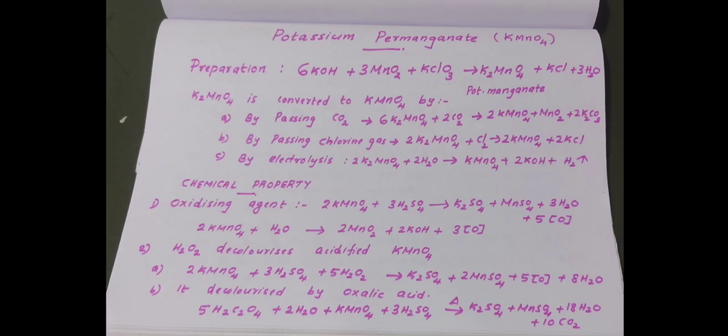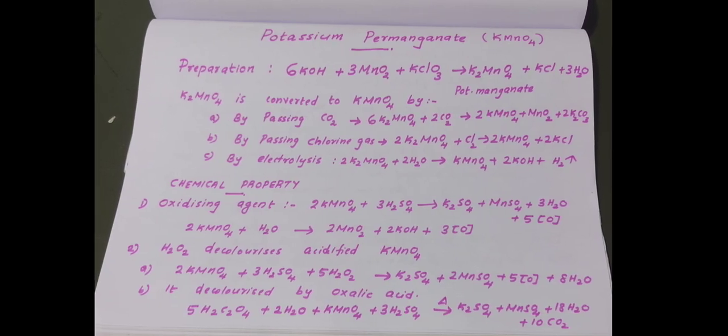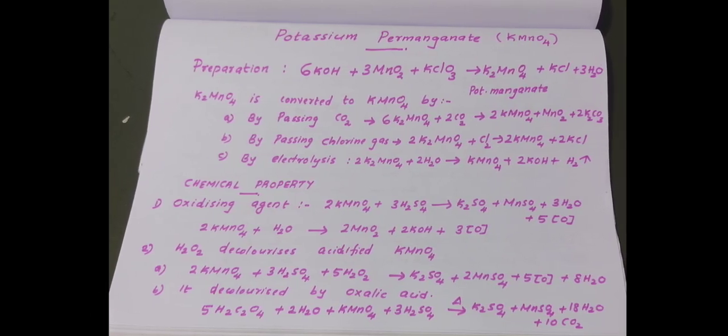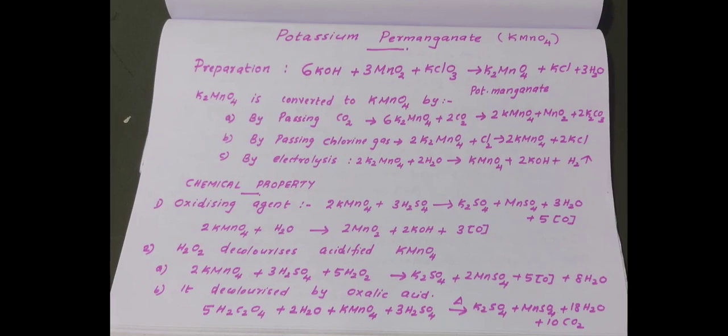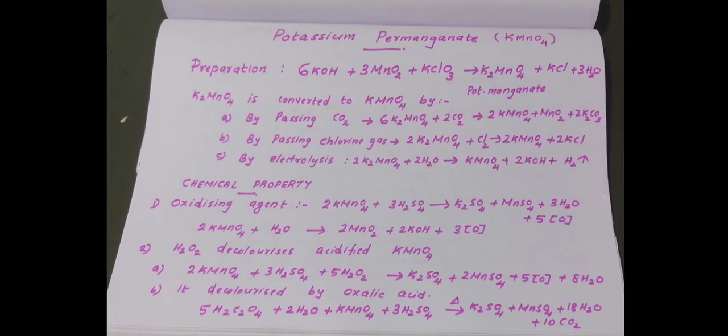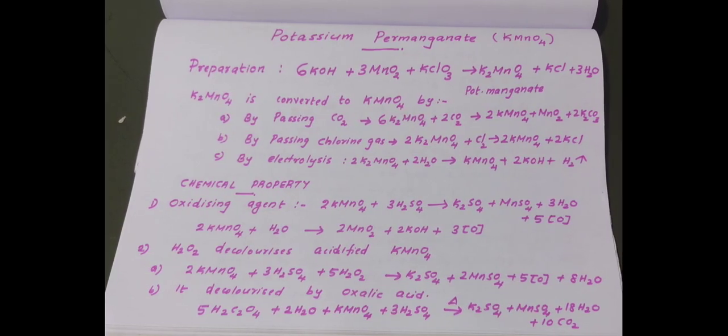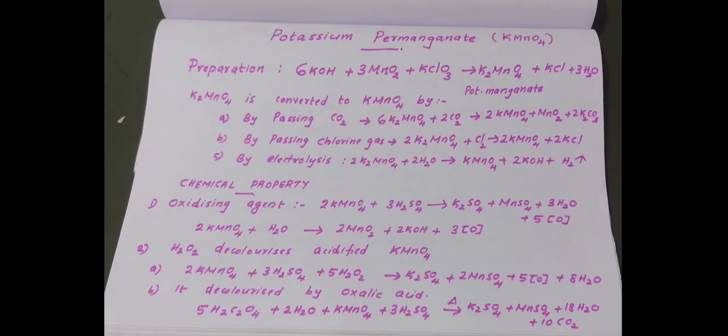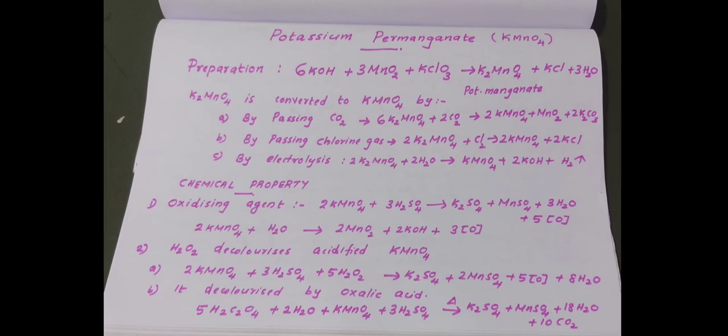The bracket indicates the molecular form of oxygen. Nascent oxygen is in molecular form and it is the most powerful oxidizing agent. It is the most active form of oxygen.